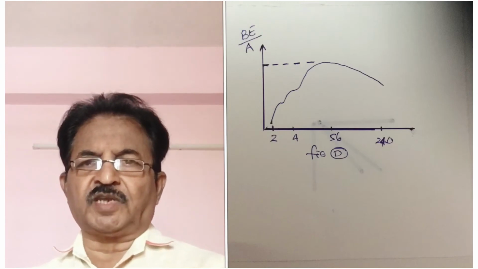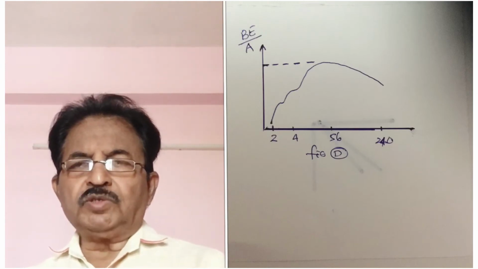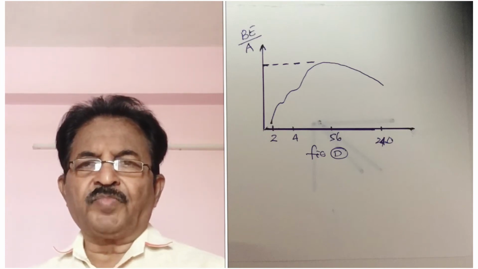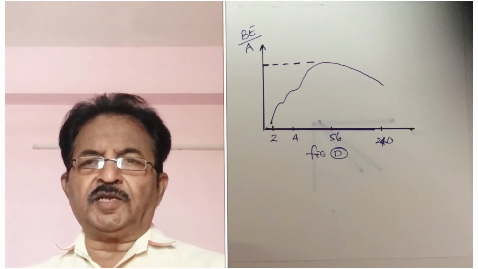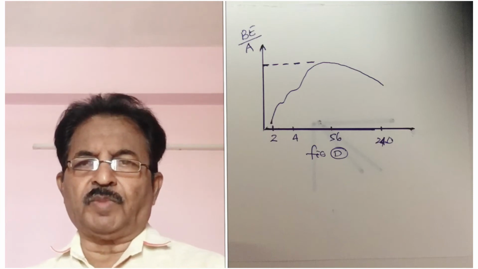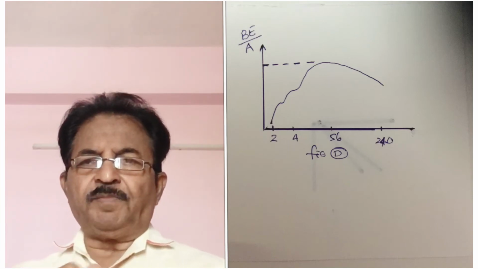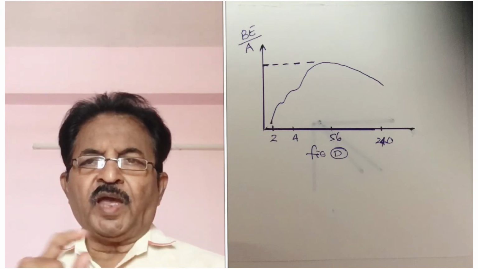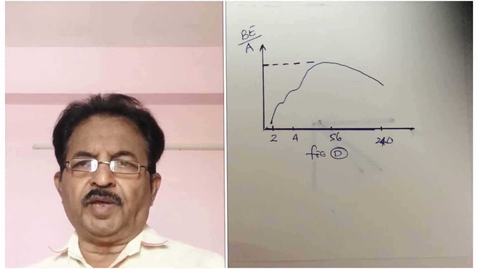Now with regard to interpretation of the shape, I want to tell you one funny question. I call it funny for a specific reason, I'll tell you later. Most of you in modern physics must have studied a graph for BE per nucleon, binding energy per nucleon versus mass number. So BE by A, average binding energy per nucleon, is plotted on the y-axis and mass number is plotted on the x-axis.